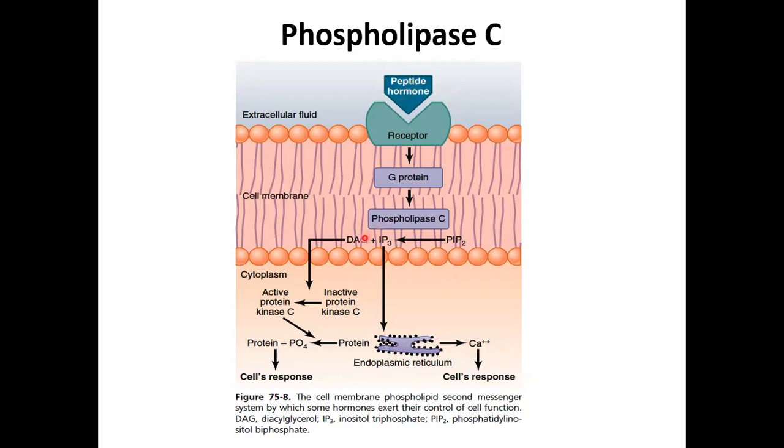Another one which is released here is diacylglycerol. This again enters into the cytoplasm, which activates the protein kinase C, which will cause the phosphorylation of protein, and this protein will now bring about the cell's response or actions for that particular peptide hormone.